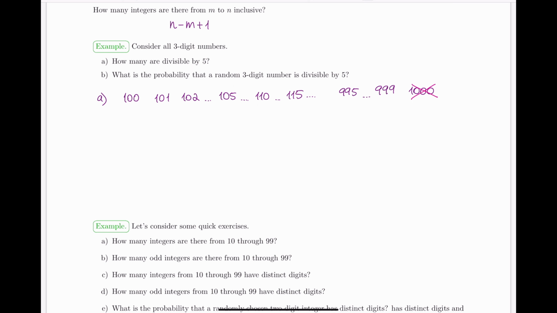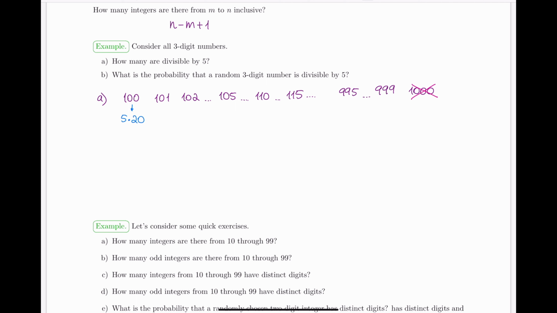Now let's think about divisibility by 5, not just in terms of the patterns for the last digit, but rather what it actually means to be divisible by 5. To be divisible by 5 means that I can write this number as 5 times something. So 100 is 5 times 20.